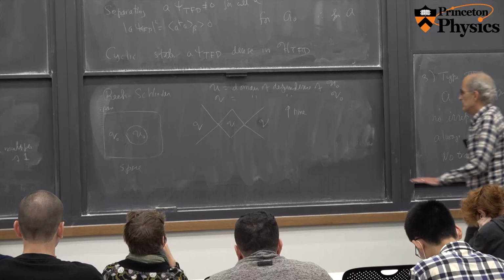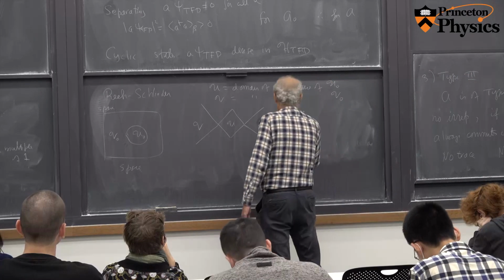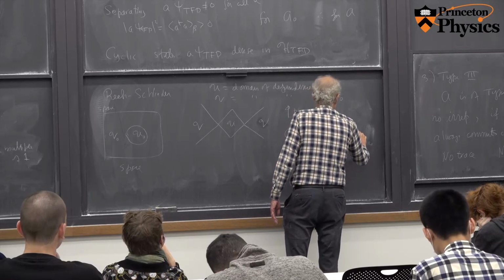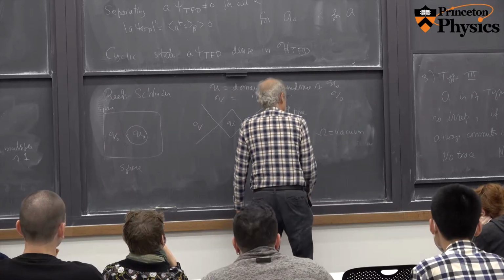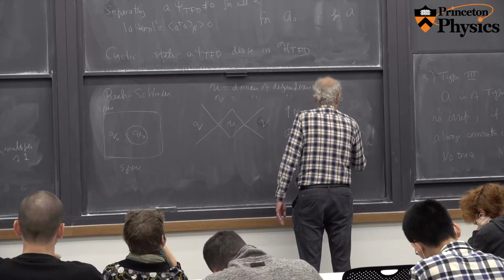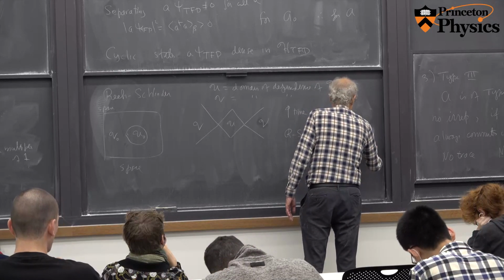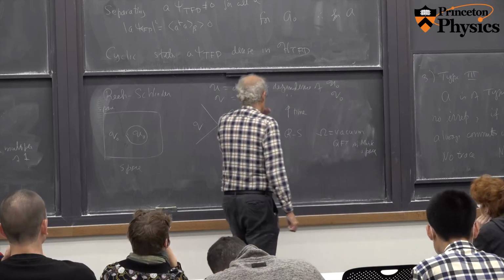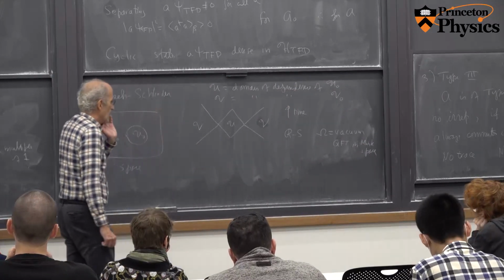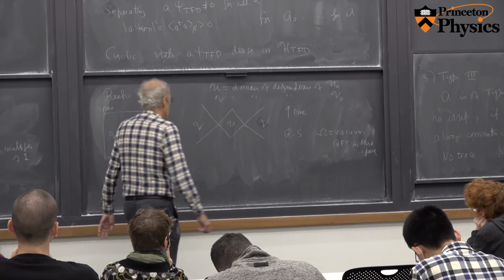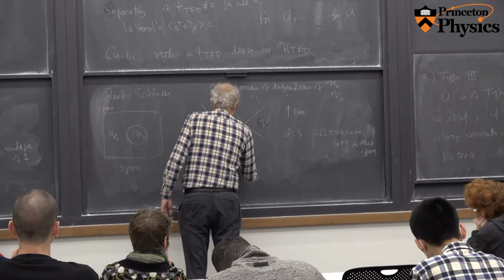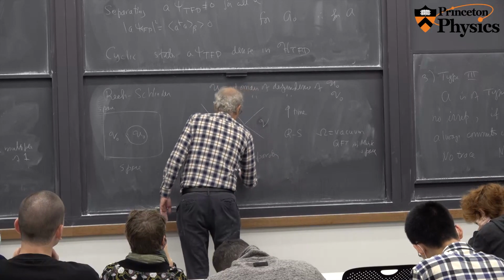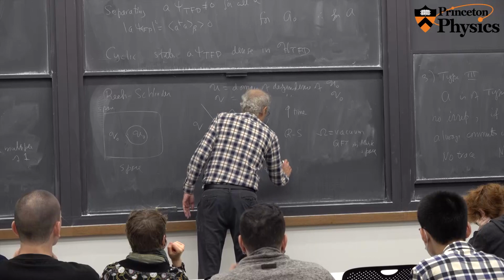So in this setup, the Reeh-Schlieder theorem says that the vacuum, well, we proved it for the vacuum of a QFT in Minkowski space. We proved that the vacuum is cyclic separating for both algebras, AU and AV.